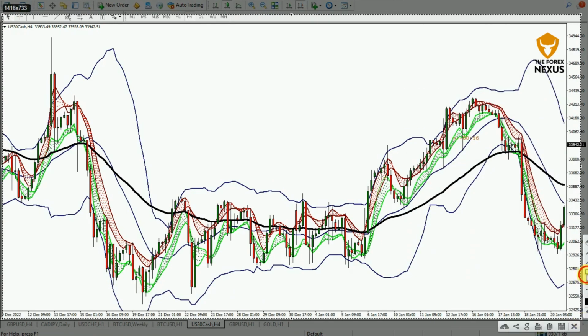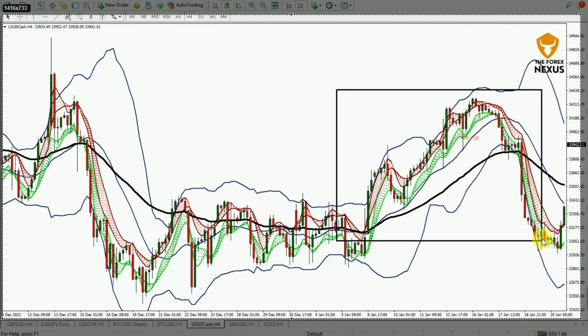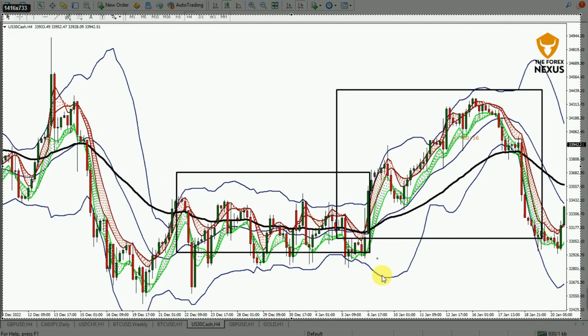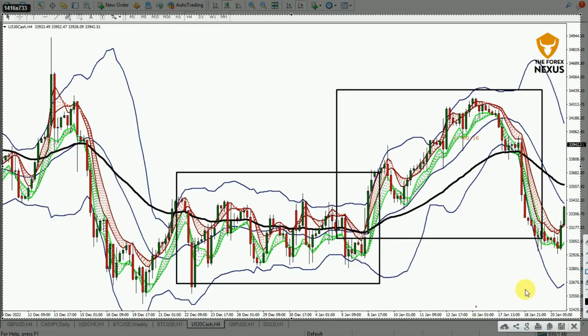Compared to the ranging area and the expanding area, it's clear why these re-entries are invalid and why these re-entries are valid.